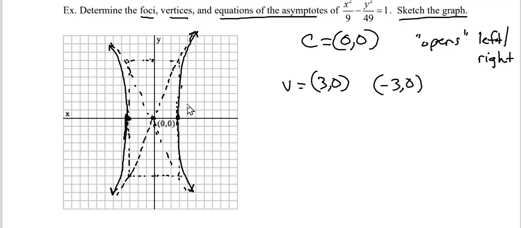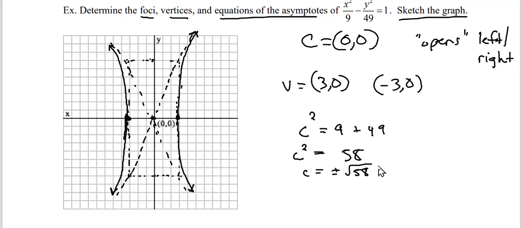Remember that hyperbolas sort of curve around the foci, so it's somewhere out here and somewhere out here where that distance is the biggest distance. So it's going to be by itself in this a squared plus b squared equals c squared thing. 9 and 49 are the other two numbers from this denominator, the a squared and the b squared. 58 is c squared, so c is plus or minus root 58.